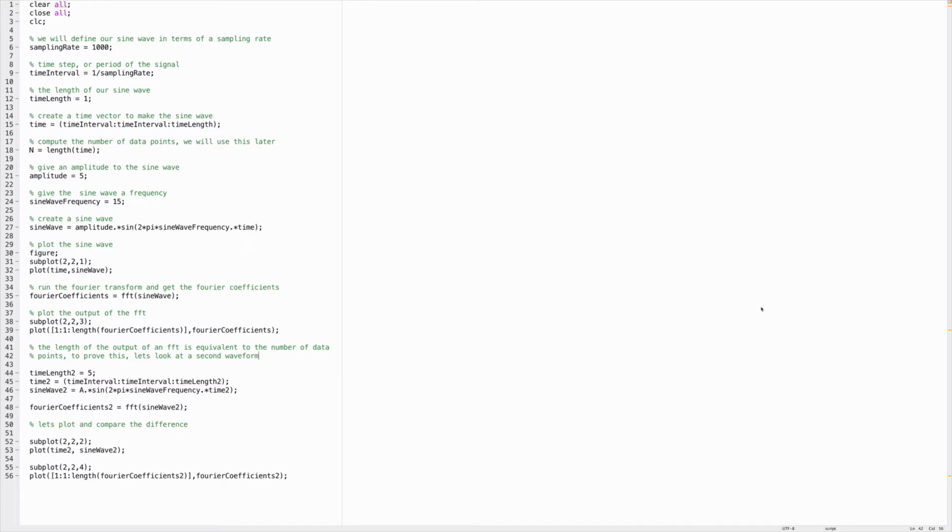Now, in terms of interpreting the output of an FFT, another point that you need to note is that the number of Fourier coefficients that are provided is equivalent to the number of points in the waveform. So if your waveform has 1,000 points in it, you'll get 1,000 Fourier coefficients. And if your waveform has 5,000 points in it, you'll get 5,000 Fourier coefficients. To prove this, let's create a second waveform that's just 5 times longer and run it and look at the plots.